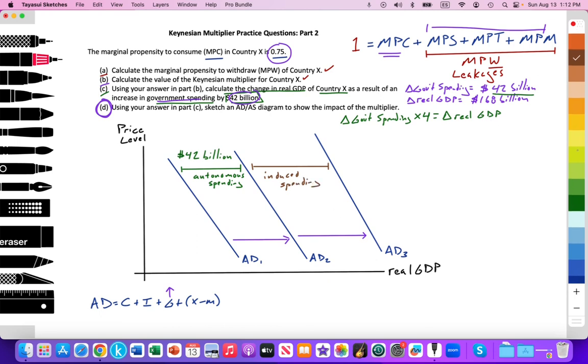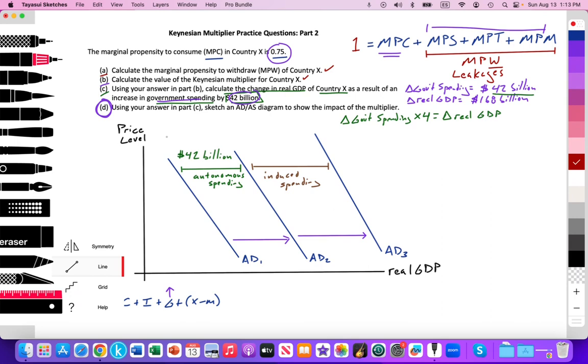The value of the total spending from AD1 to AD3 is 168 billion. So I'm going to also draw on my diagram that the total spending here is 168 billion.